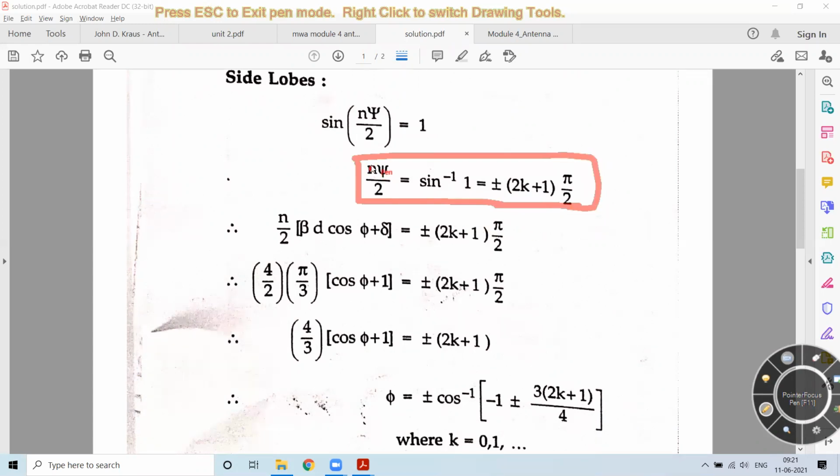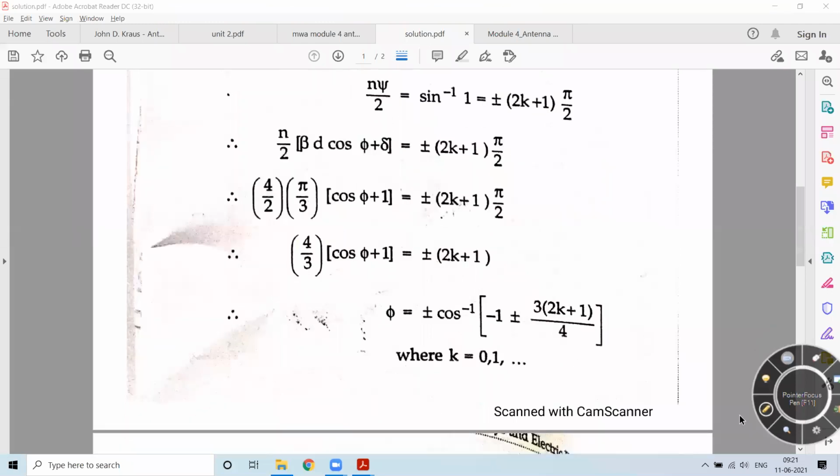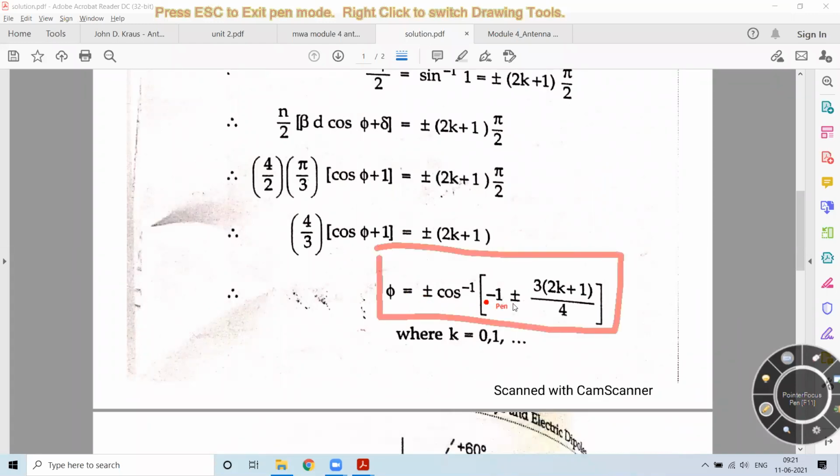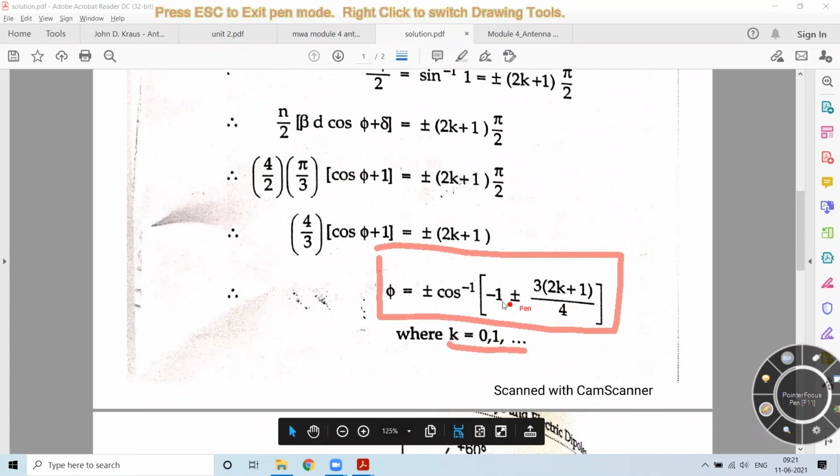Now what we do is we substitute the known values of n and ψ, and when we simplify this overall equation, we will have φ is equal to plus minus cos inverse of minus 1 plus minus 3 times (2k plus 1) divided by 4, where k is in the range of 0, 1 and so on. Now, in some cases it might be tedious to identify whether plus or minus has to be considered.